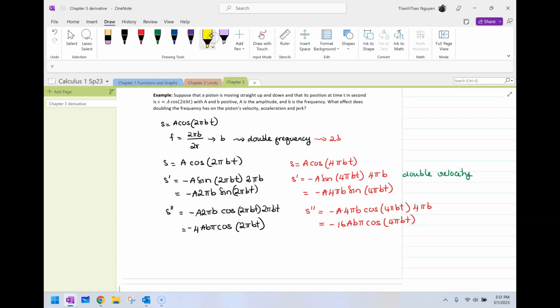So note what happened here. This is 4, this is 16, so it quadruples. So by doubling the frequency, the velocity will double and the acceleration will quadruple.